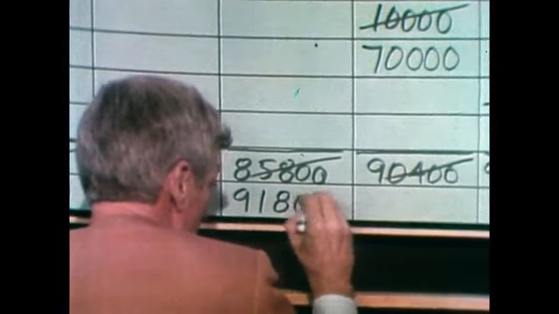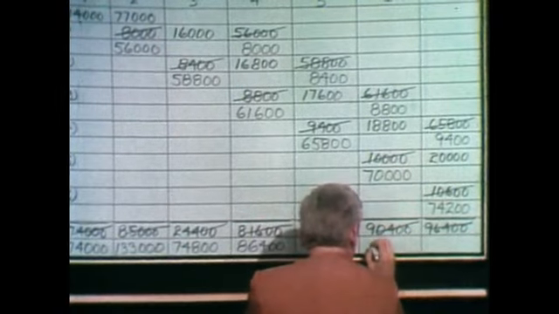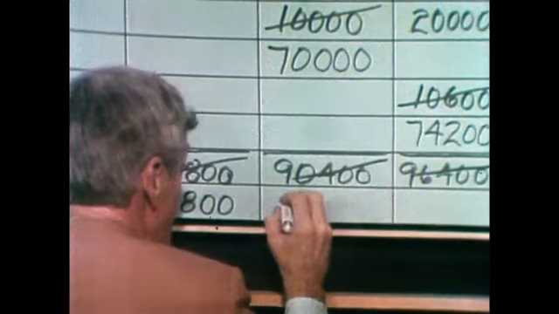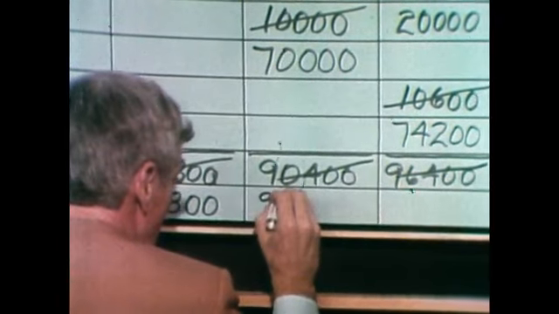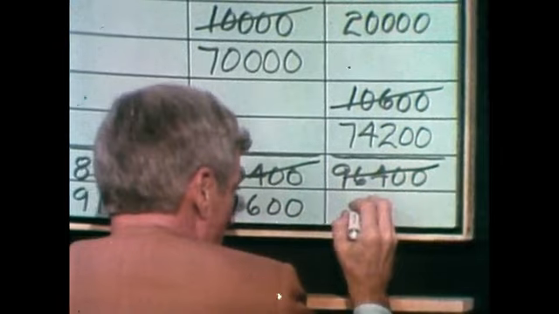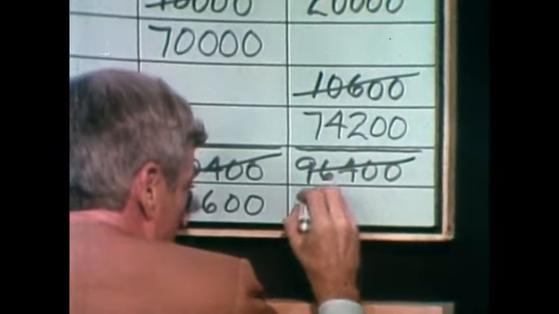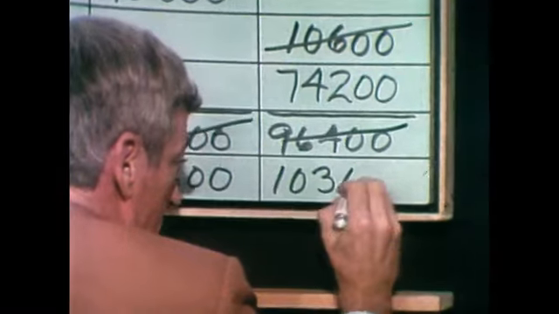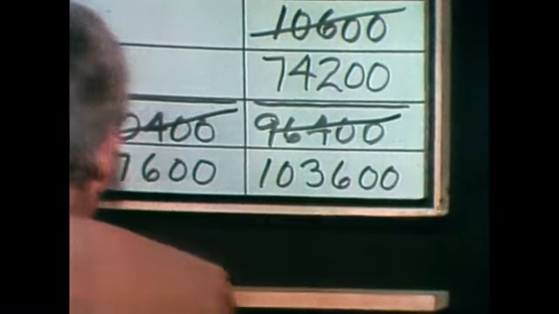That's correct. And next month? $97,600 the following month. That's correct. And in month number 7, more than $100,000. $103,600. That's correct. All right.